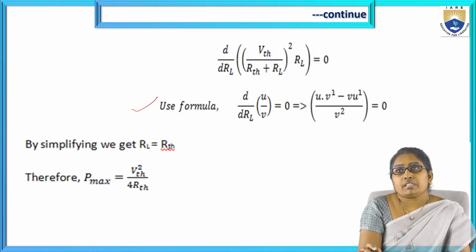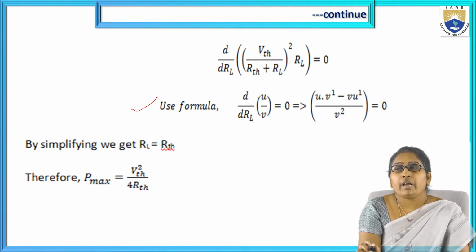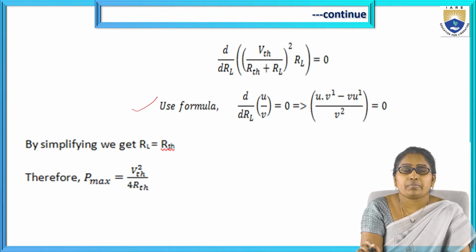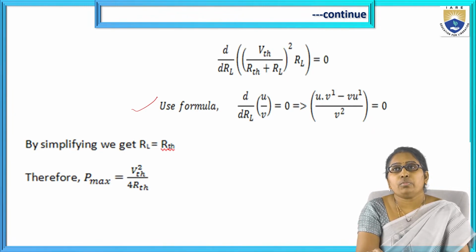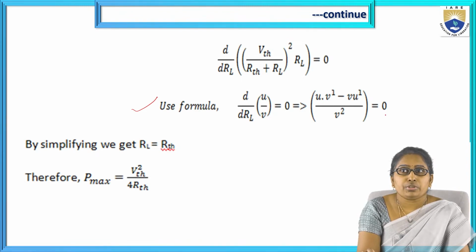The differentiation of U by V is given by (U into V dash, minus V into U dash) by V square, equal to 0.